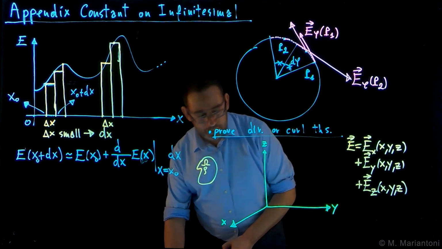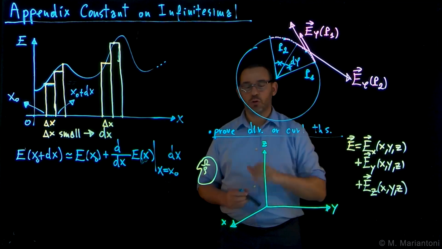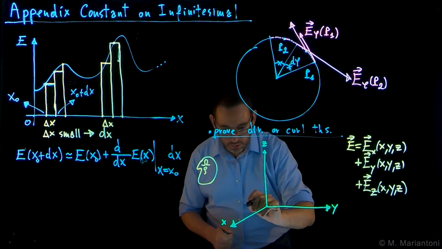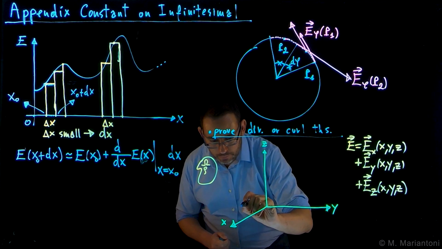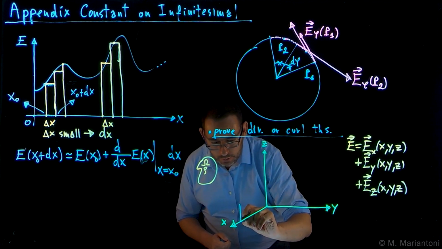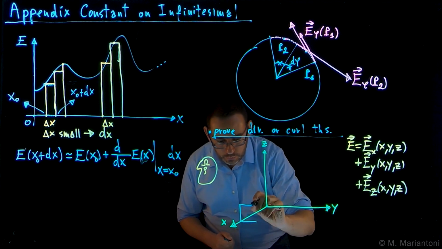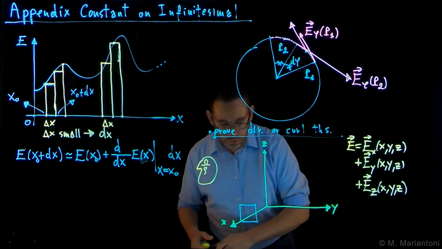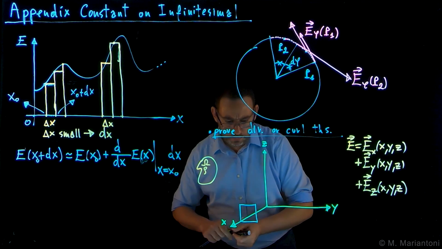Suppose that now we want to consider an infinitesimal cube somewhere. Let's sketch it as follows. Let's say that this is one face of this infinitesimal cube. Then let's do, in yellow, the other side on the back.